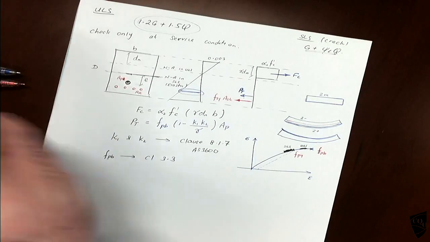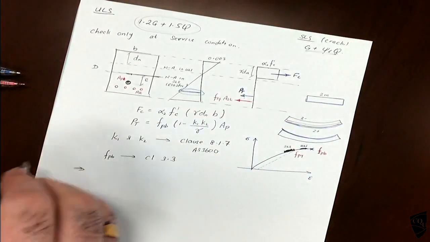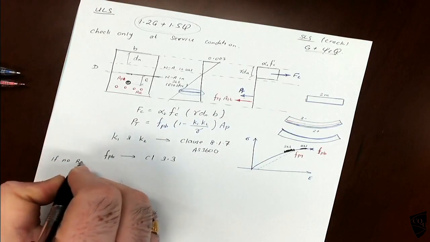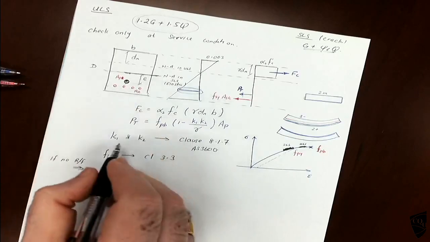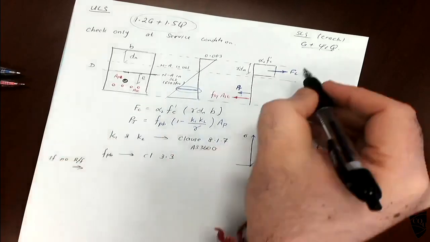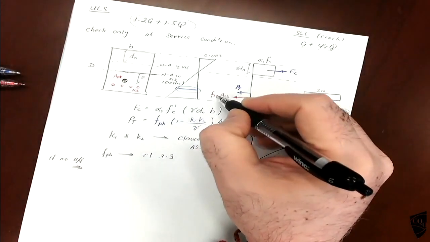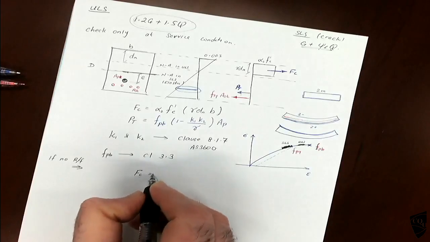So if you had two forces, if you don't have any reinforcement, this is equal to that, isn't it? This one should be equal to that. Fc equal to Pt.